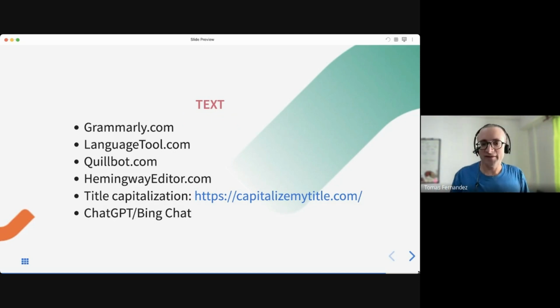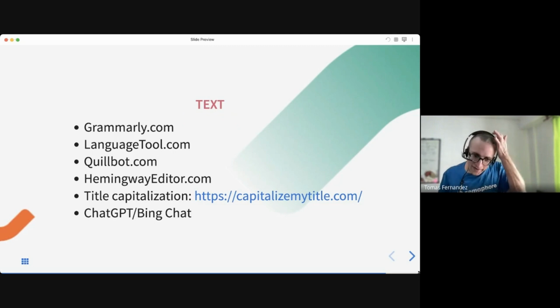There's QuillBot, which is like an AI, a language model, where you put in some paragraphs and it rewrites them with different words, and lets you pick if you want to be more formal or less formal. It's a good way, when you're stuck or have something you don't like, to get ideas.